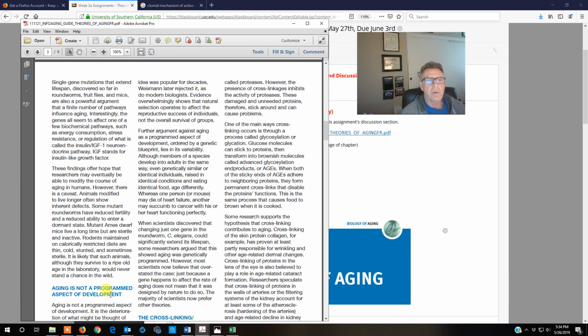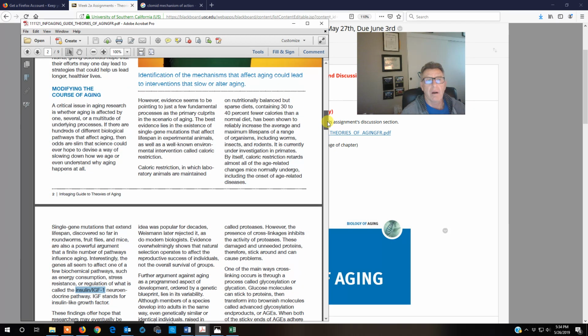So then it goes through some of the basic theories. Now you see right here, there is an initial discussion about something called insulin and insulin-like growth factor. These are neuroendocrine theories of aging, and they're very tightly linked to diet. Okay, so we're finding that, look back here, we can limit the number of calories. So we just have a reasonable diet.